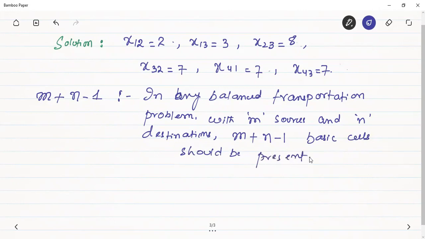Okay? And then we see that the solution is a basic feasible solution.